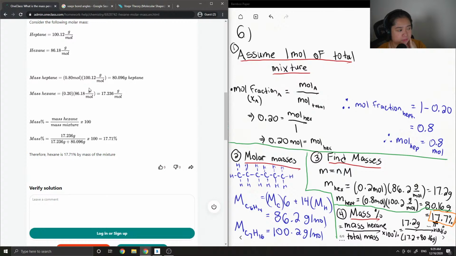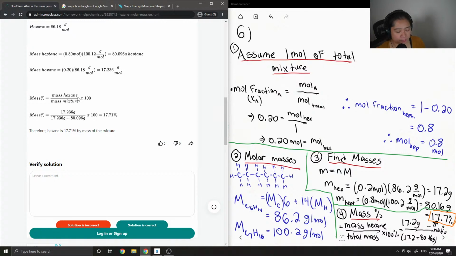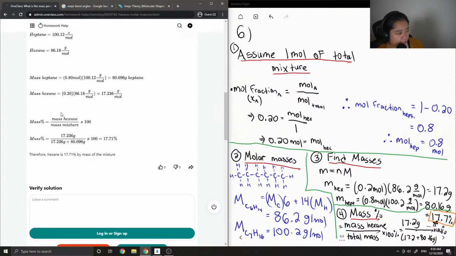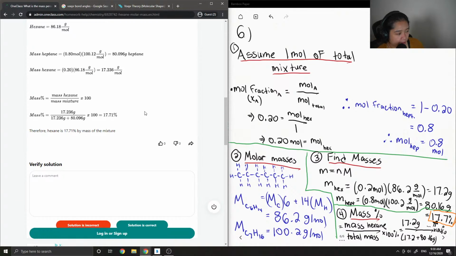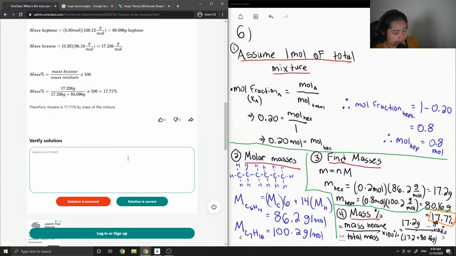Then they found the masses: around 80.096 grams of heptane and around 17.236 grams of hexane. They found the mass percent by doing the mass of hexane divided by the mass of the mixture, and they also got around 17.71%. Yep, so I can say that this solution is correct.